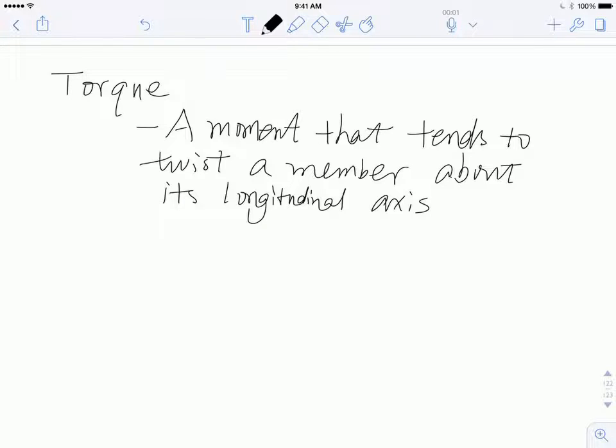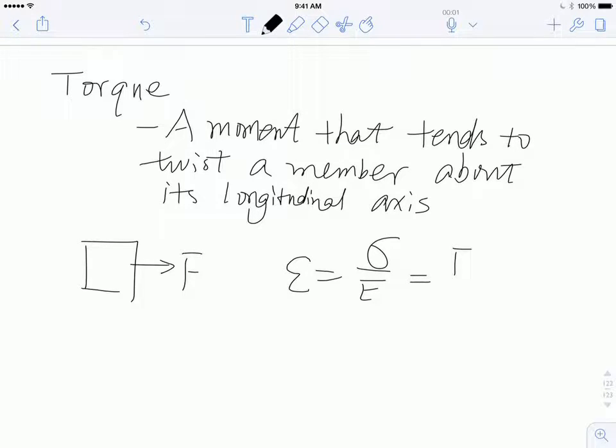Of course, when you have a torque, you'll have some effect, just like when you apply a force to a member, it causes deformation, right? Remember, we have strain equal to stress over Young's modulus, and stress is nothing but force over cross-section area. Force causes elongation. Remember, I had an example of stretching a rubber band, right?